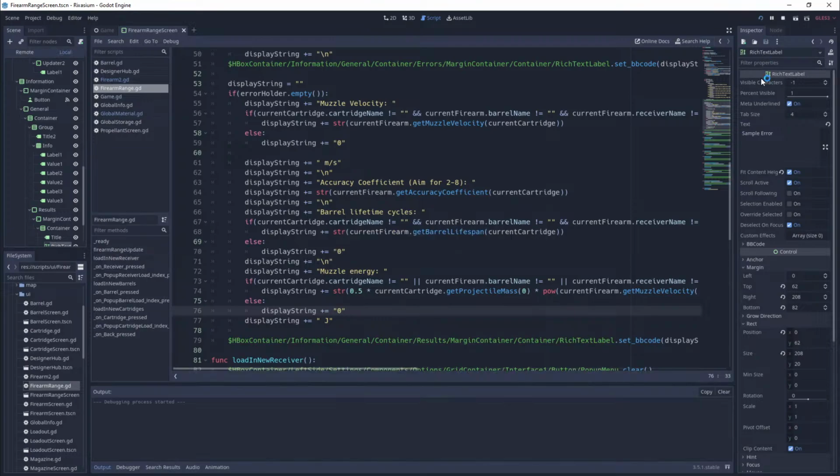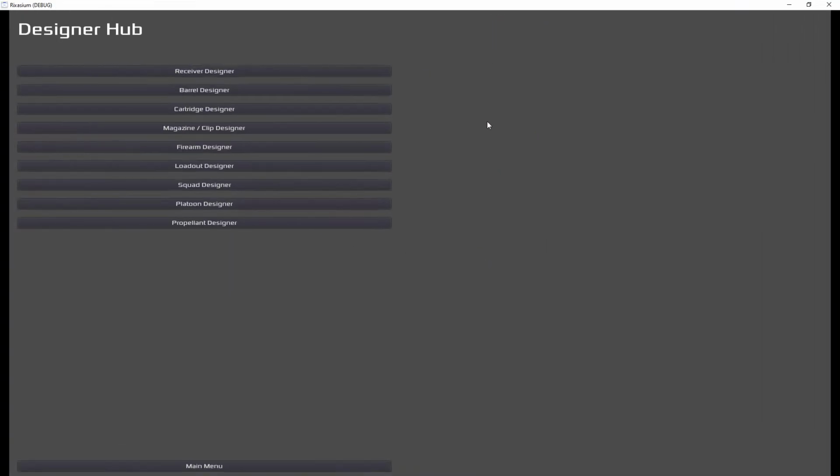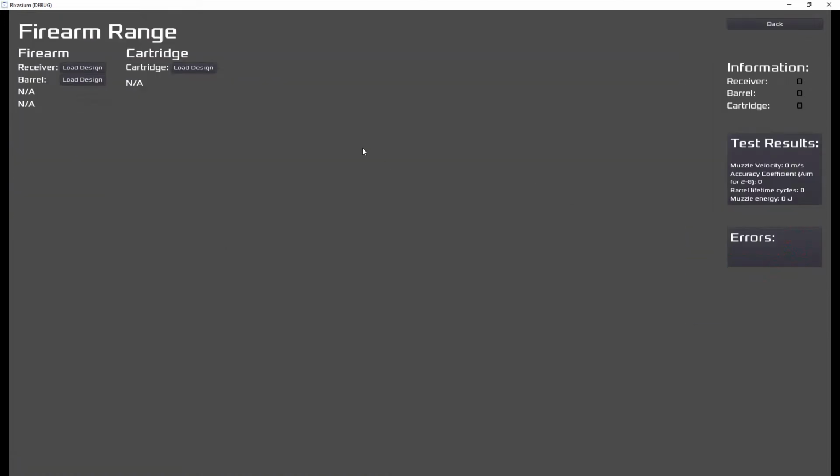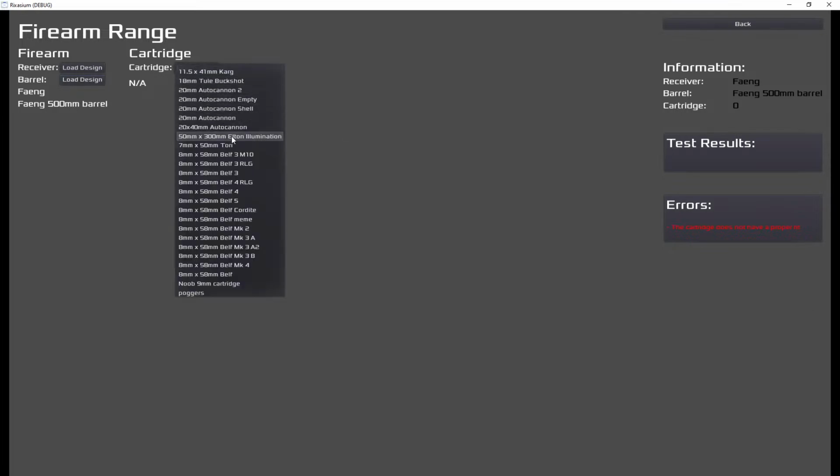So what are the current stats that we are having right now? So let's just take a look at that, just to get the feel of what's kind of happening there. So for example, here we have the barrel of the Fang.